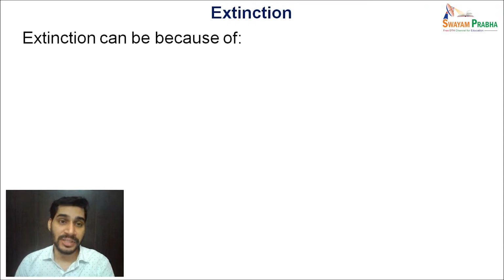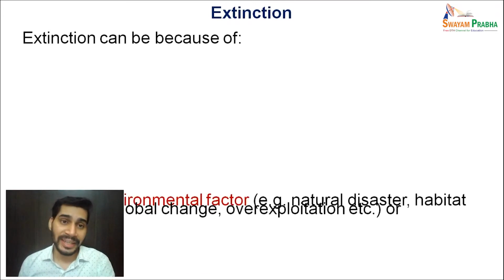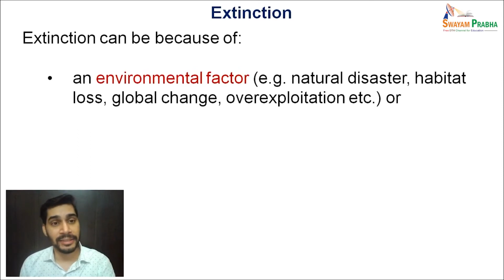Extinctions can be because of various reasons, but the two broad categories are environmental factors and biological factors. Environmental factors can consist of natural disasters such as volcanic eruptions, earthquakes, and so on. It can also be habitat loss.